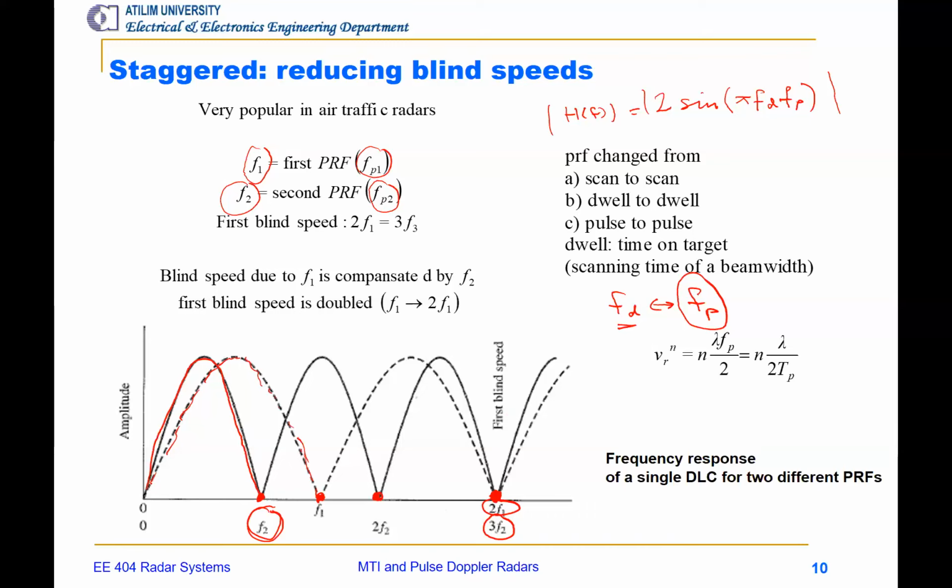For example, if I take another PRF like this, okay, then the first blind speed will be pushed ahead, and then we'll not get any blind speed when I use more than one PRF. And the number of PRFs will determine the first blind speed, actually. Higher the PRF values, higher the first blind speed.